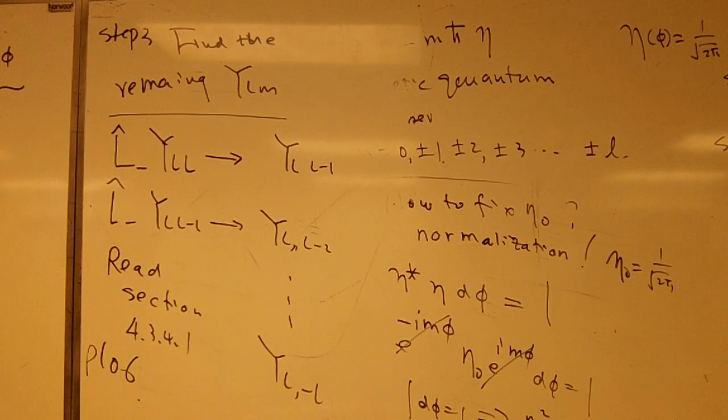Let's go back to 4.3.12. Folks, let's go to 4.3.12. That's the equation which we derived for the spherical harmonics. And one of the other ones, it says 4.3.10, which is the Lz eigenvalue equation. Now, we will use the L squared. That's 4.3.10.